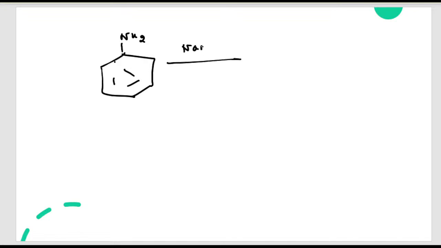Anyway, let me explain what the question really wants to ask here. First of all, you start with aniline, and according to the question we are using NaNO2 plus HCl, and then there is formation of N2 positive and Cl negative. This is point number one.